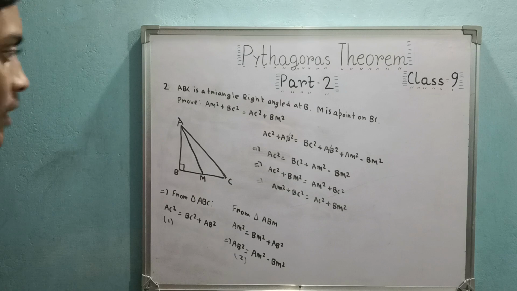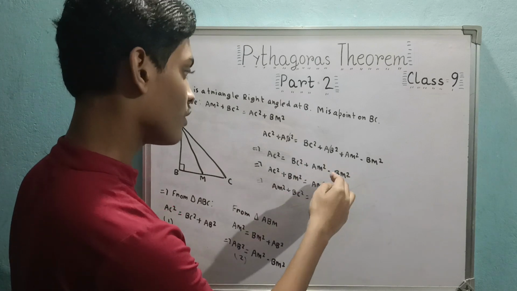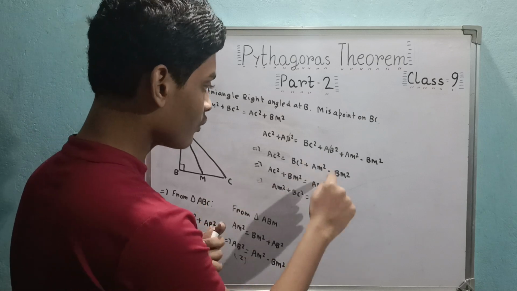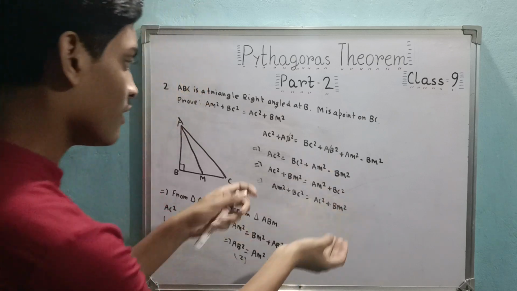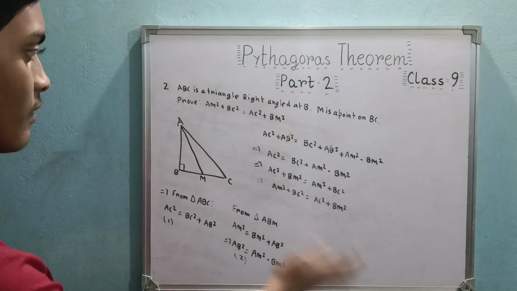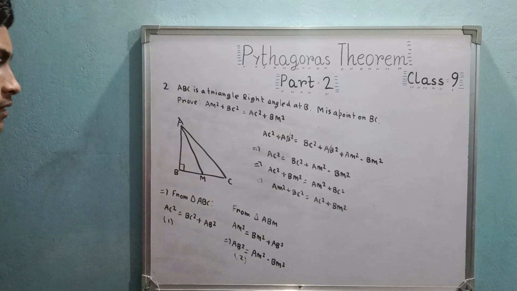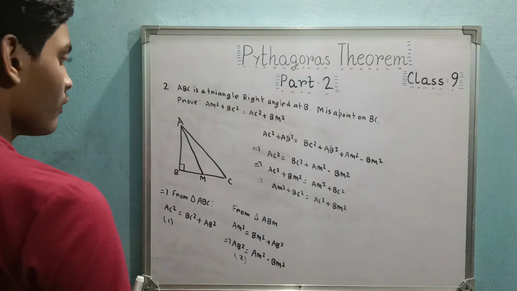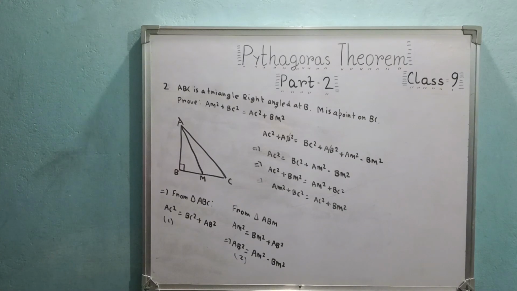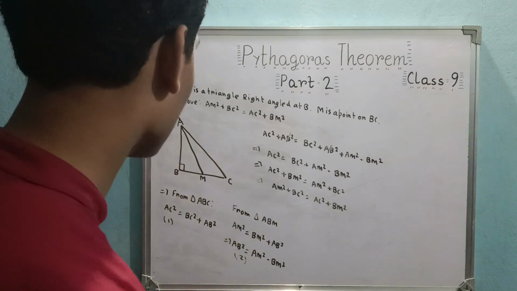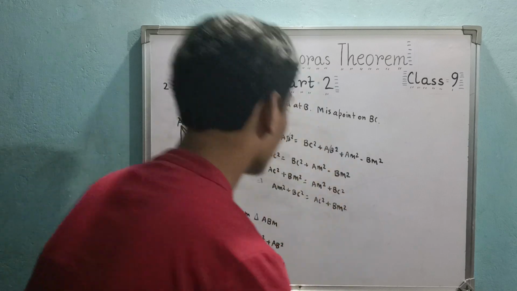Now I shifted minus BM square to this side, it became plus BM square, and these two remained on that side. When I just turn left side to right side, that's the required proof. That's how you have to do it. Frame the equations, either add or subtract the equations, then you will obviously get the proof. It's not that hard. This is conversion for you.